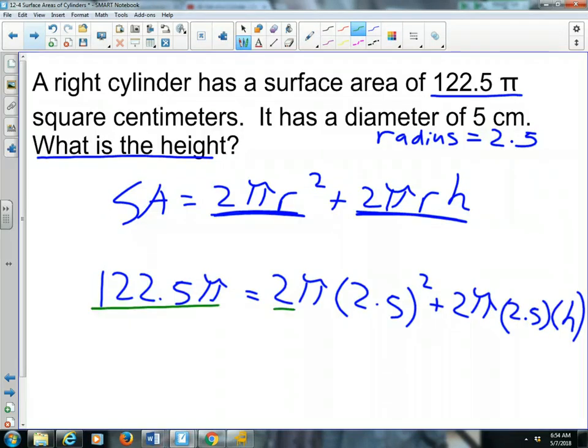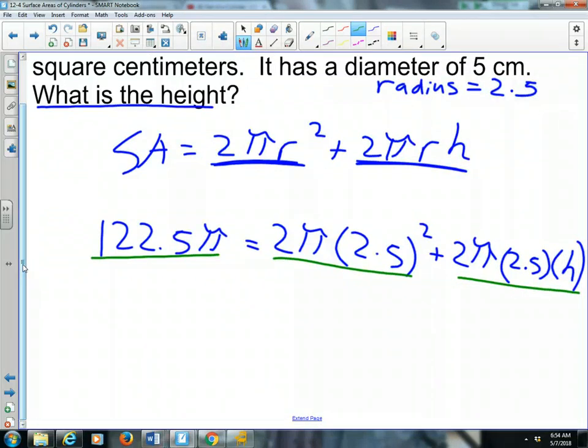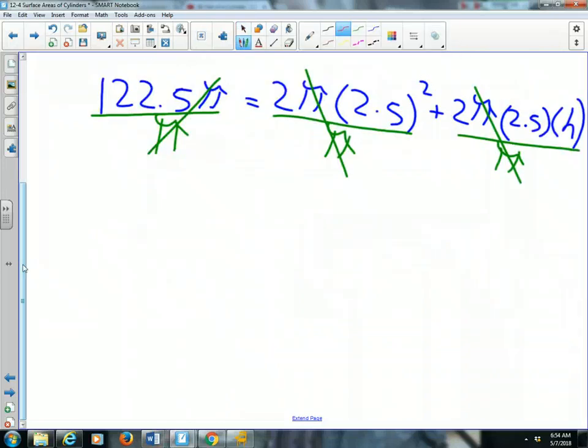If they all have the same factor, we can divide by that factor, and it doesn't change the equation. They all have pi. So if I divide by pi here, and here, and here, it's gone. And doesn't it make life easier? Yes, it does. So now all we have on the left side of the equal sign is 122.5.